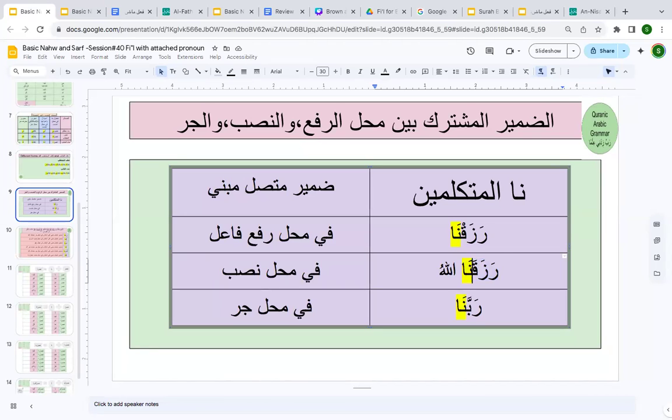What is the inbuilt pronoun in razaqa? It is the hidden pronoun he, or huwa. And na is now the detail. It is a receiver of an action. He provided us. So na here is going to be in nasb status.